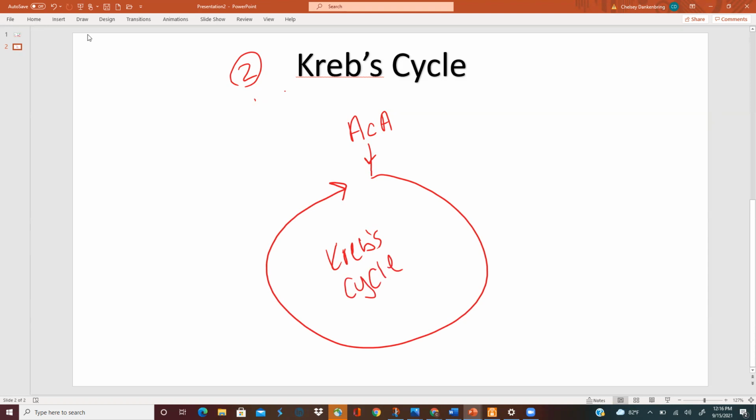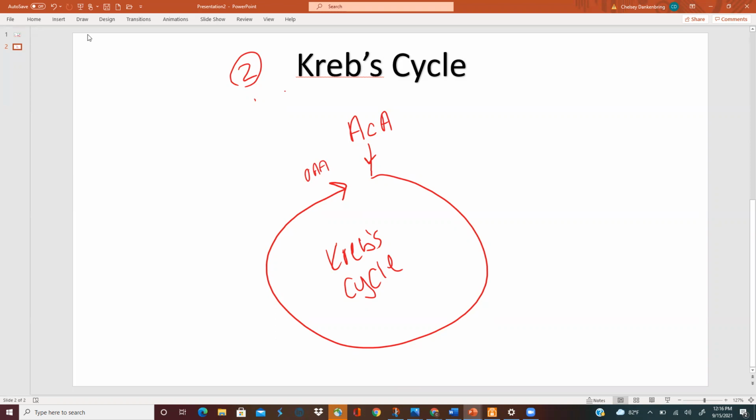So acetyl-CoA is going to come in, and then there's a series of many, many reactions that you don't have to memorize. And then it ends by making one final molecule. I'm going to abbreviate it here, and I'll spell it out in 1 second, called oxaloacetate. Once the final molecule, oxaloacetate, is made, then another acetyl-CoA can be dropped into the cycle.